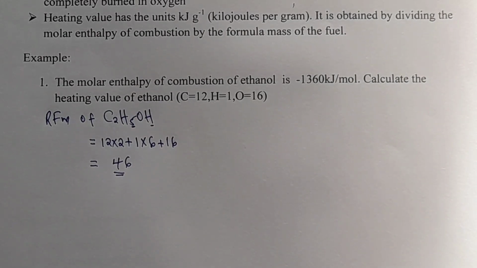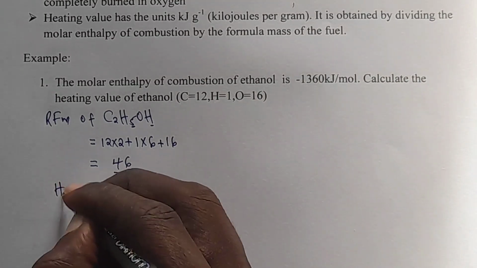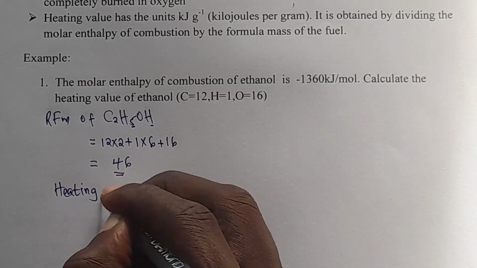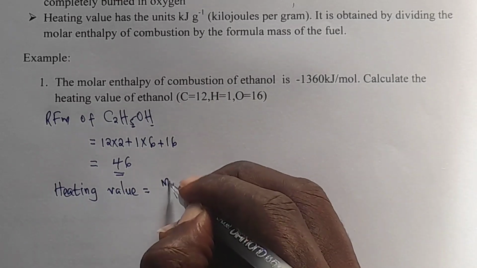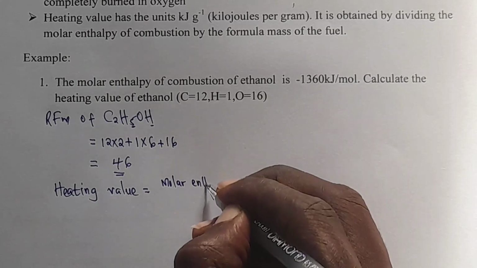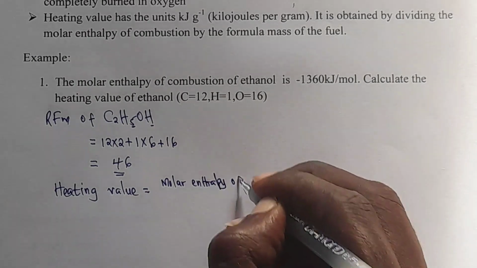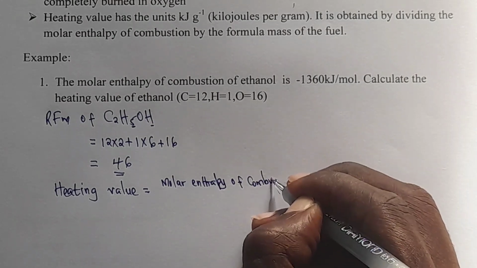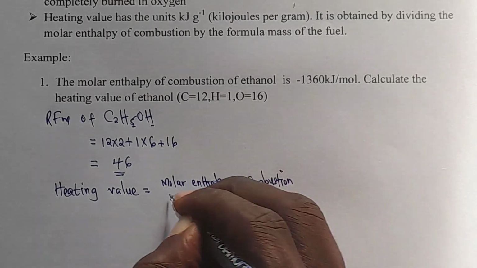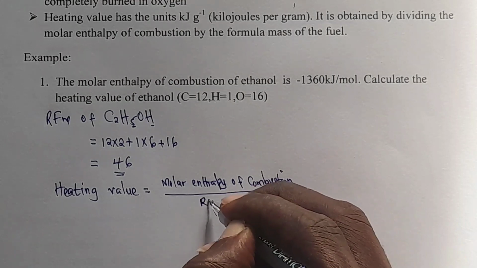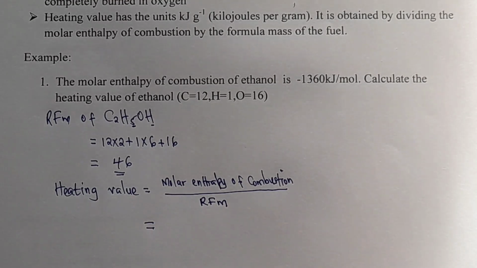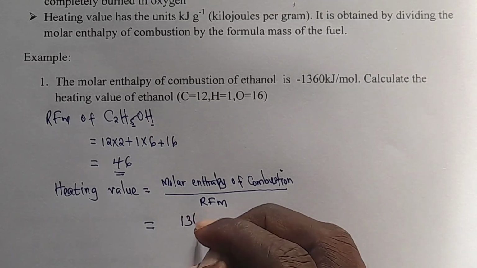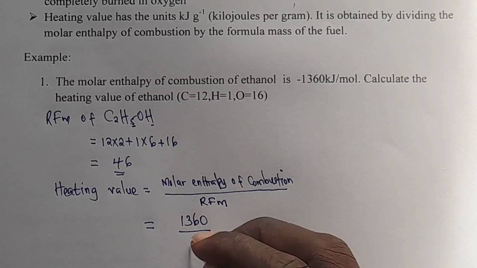Next, we are supposed to have the formula for heating value. So we said heating value will be equal to molar enthalpy of combustion divided by the relative formula mass of the fuel, which in our case is ethanol. So this will be equal to 1360 divided by 46.